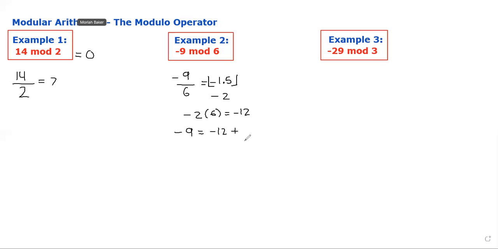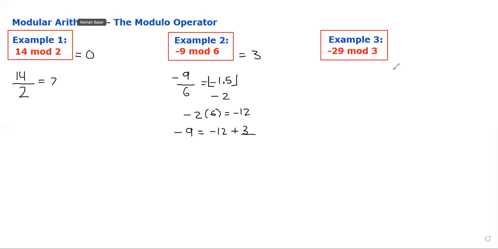What value would get us to -9 when we add it to -12? It has to be a positive value. We need to have positive remainders here, and you'll see why that works. -12 plus 3 would give us -9. That's why we need a positive remainder. So in this case, our solution is +3.